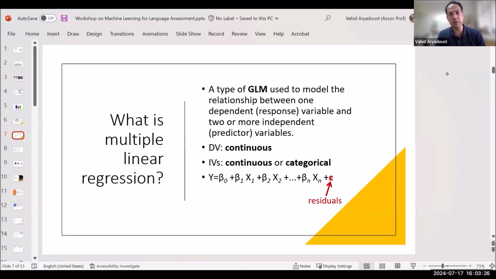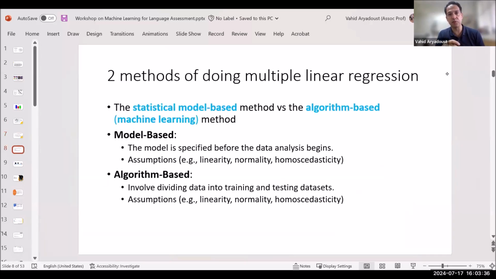That's how it works. And this is also the same formula that I presented before at the bottom. Nothing really new here. So let's move on to the rest of the story, which is doing regression in two different ways.